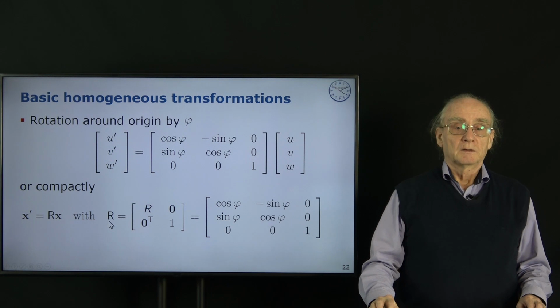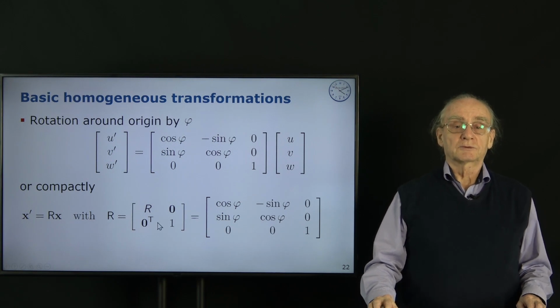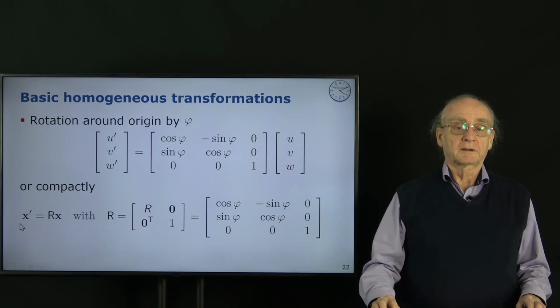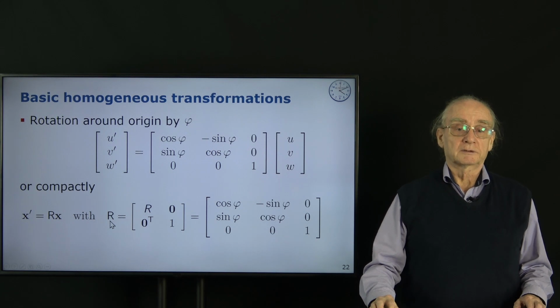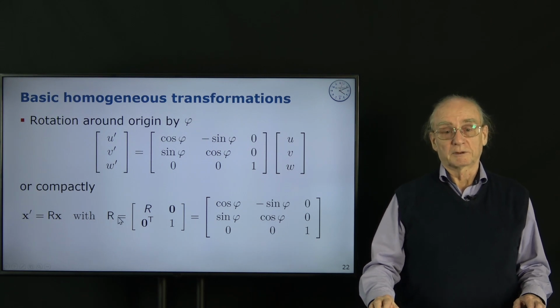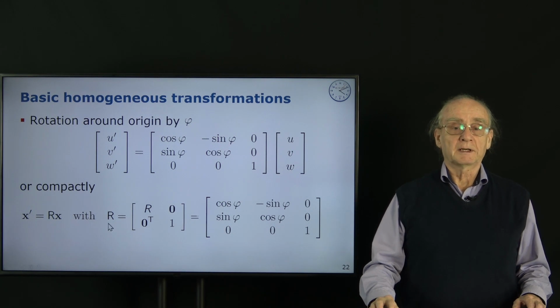But if you multiply this with an arbitrary factor, you of course get the same rotation, but then the upright R multiplied with the upright R transpose will not be a unit matrix anymore. So we may have to make a careful distinction between these upright matrices and these slanted matrices.